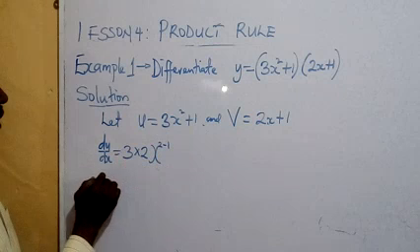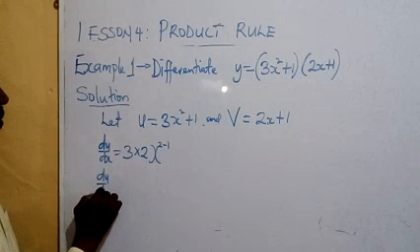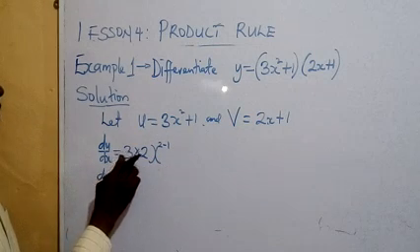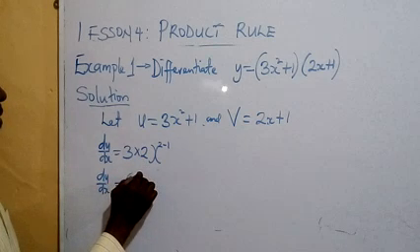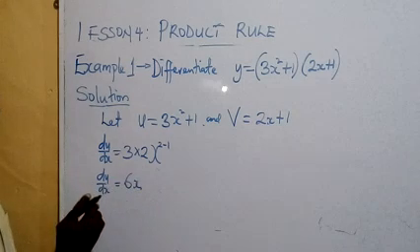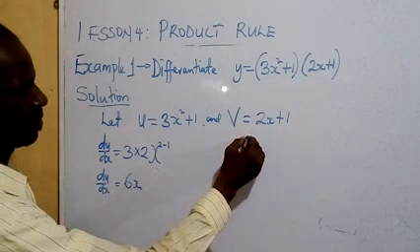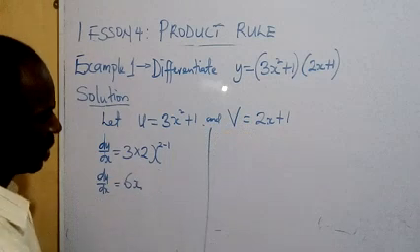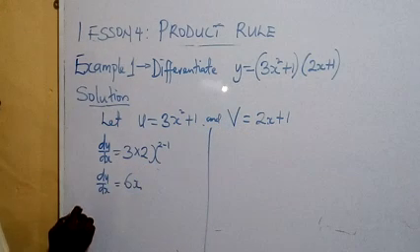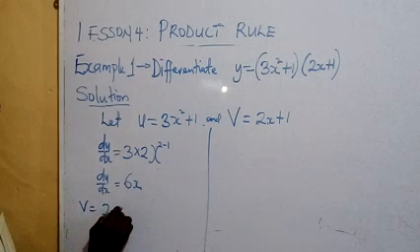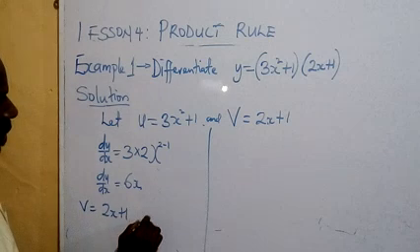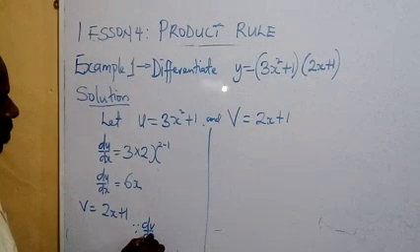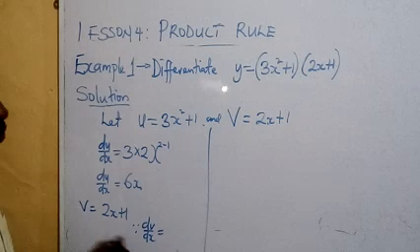Therefore, du/dx equals 3 times 2, you have 6 raised to the power 1, you can leave it like this. All right, and let's take our v, which equals 2x plus 1. Therefore dv/dx will be 2.